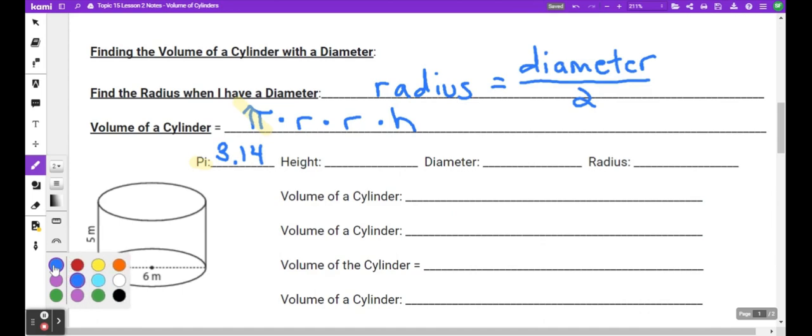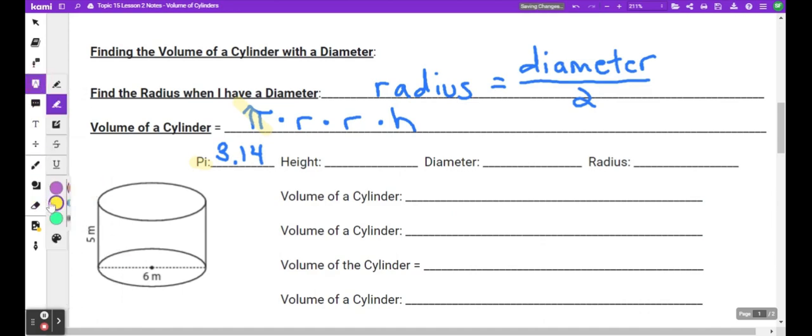The height of the cylinder I can see here in purple is going to be 5 meters. So we will plug that in for h when it's time. The diameter in this case is 6.